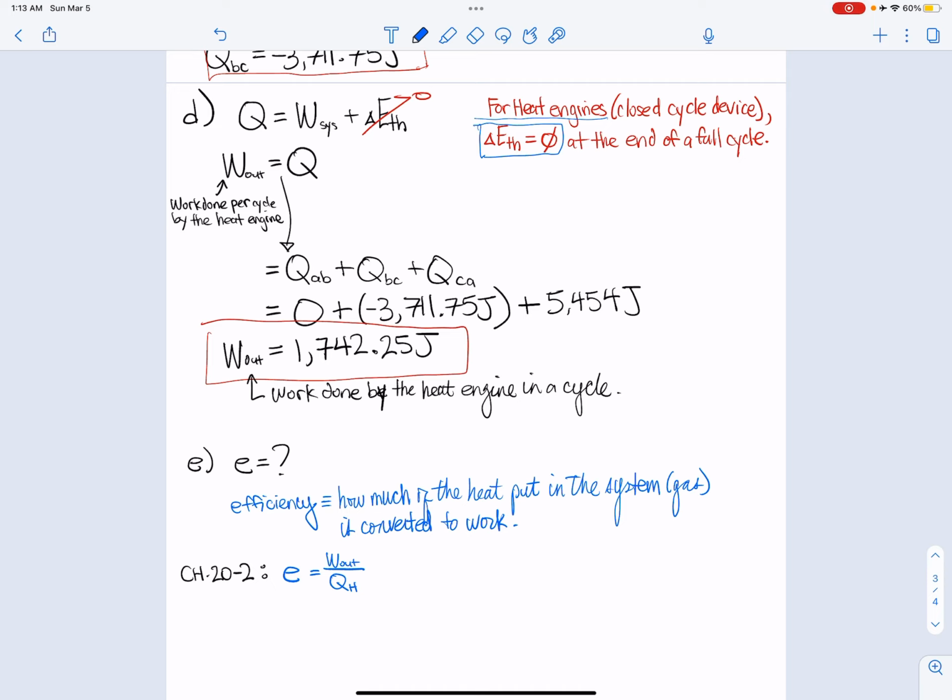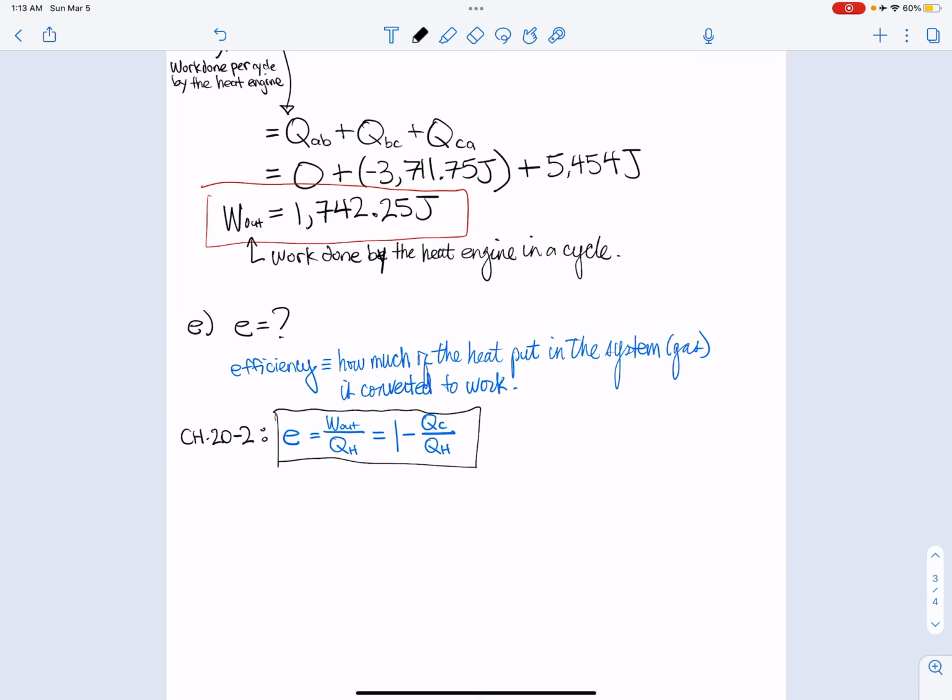Another way of writing that is 1 minus heat leaving the system over heat added to the system. QC is heat leaving the system. QH is heat added to the system, or added to the gas. I'm writing this in blue so that hopefully that's something you have in your formula sheet.